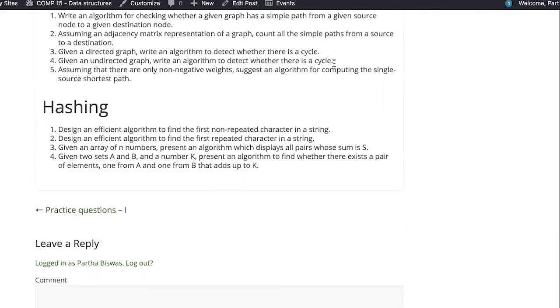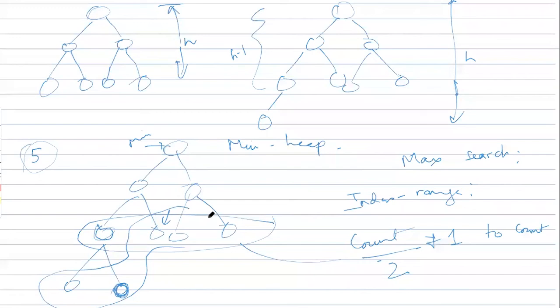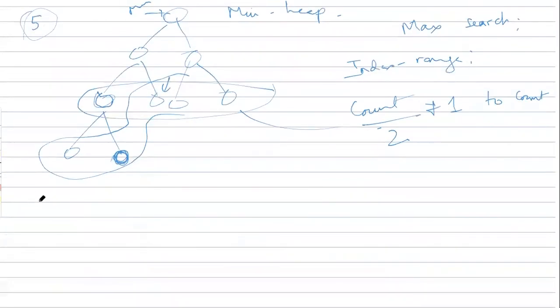Next, these hashing questions are a little, you can say, interview style questions. If you like, we can quickly go through it. So design an efficient algorithm to find the first non-repeated character in a string. So let's do a couple of problems here.